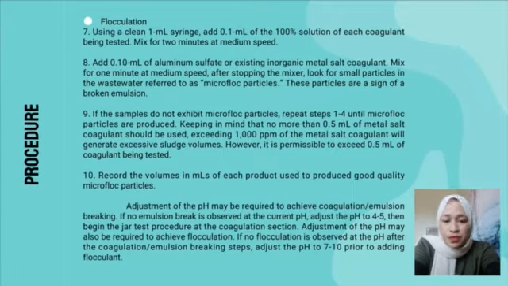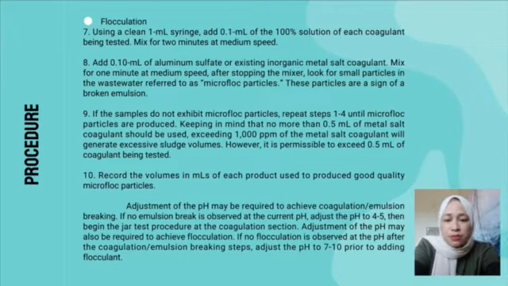After stopping the mixer, look for small particles in the wastewater referred to as microfloc particles. These particles are a sign of a broken emulsion. If the sample does not exhibit microfloc particles, repeat steps 1 to 4 until the microfloc particles are produced. Keep in mind that no more than 0.5 ml of metal salt coagulant should be used.